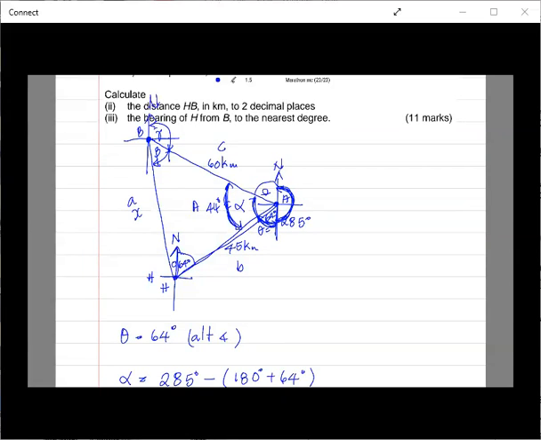So I will say that omega is equal to 360 minus 285 degrees, and this is equal to 75 degrees, and this is angles at a point.